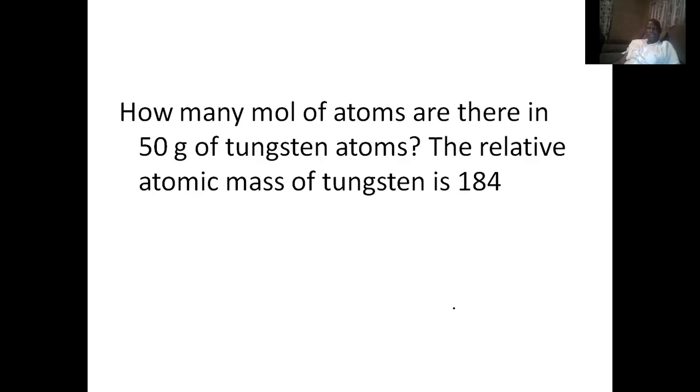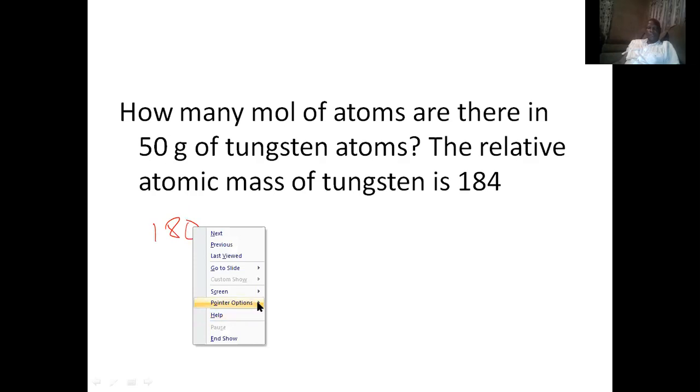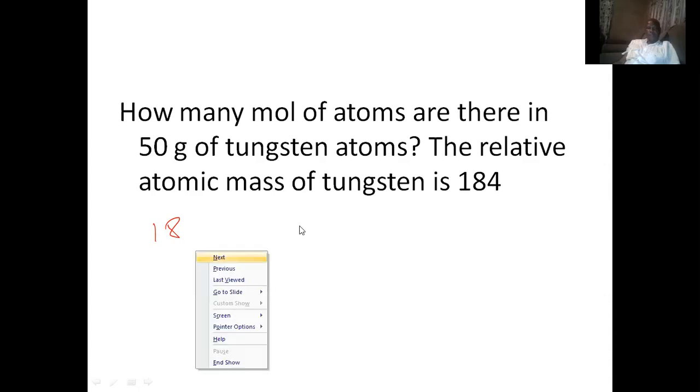The relative atomic mass for tungsten, as we are given here, is 184.